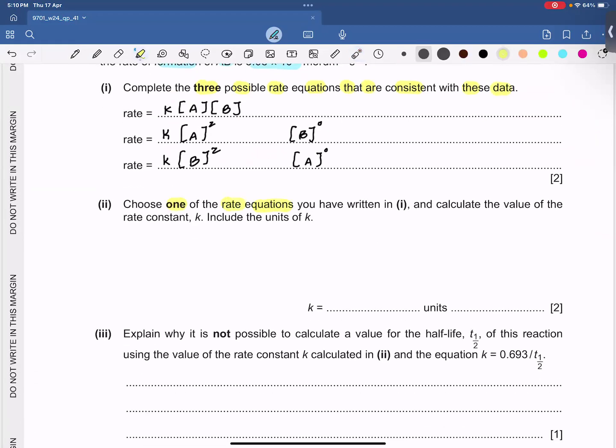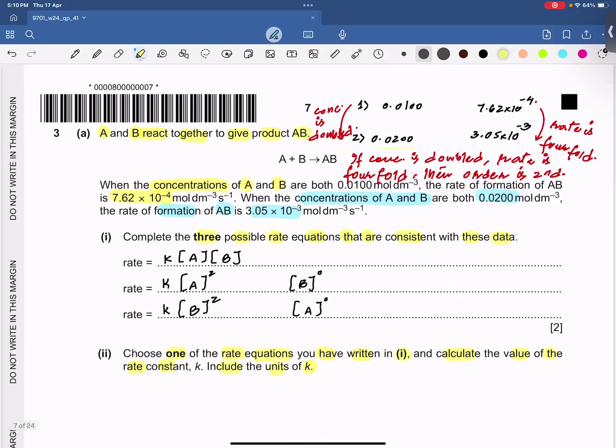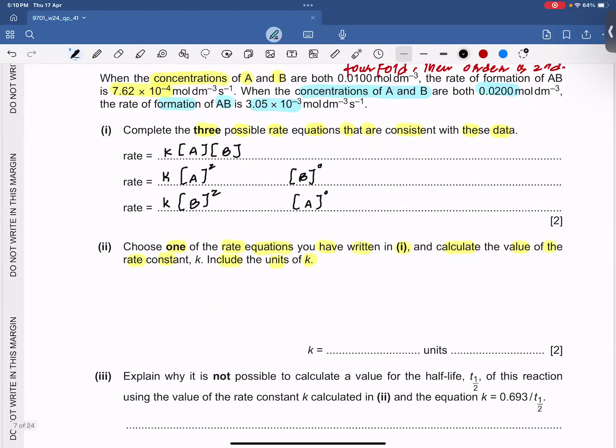Choose one of the rate equations you have written in one and calculate the value of the rate constant k, include units. So technically, I take the first experiment. Rate equals k concentration of A and concentration of B. The rate value we have is 7.62 into 10 to the power minus 4 equals k, concentration of A is 0.0100 and concentration of B is also 0.0100.